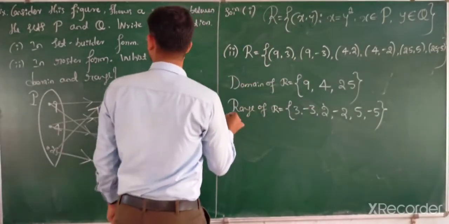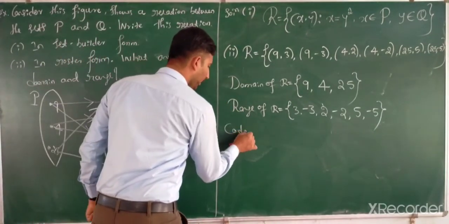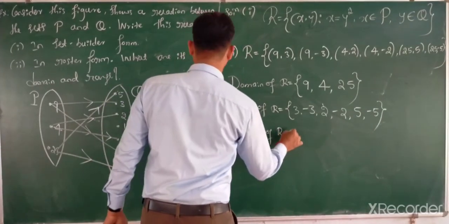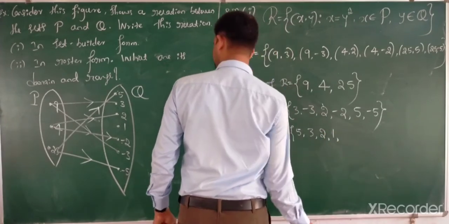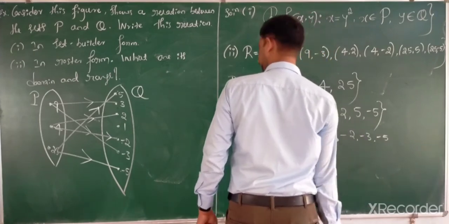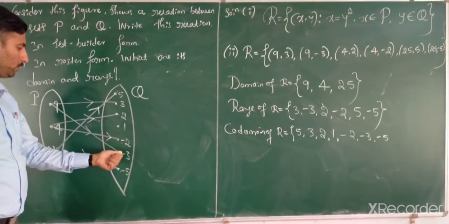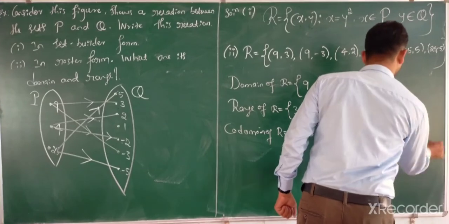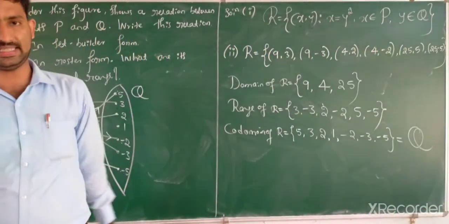If you wish, you can write codomain. They are not asking, but you can write the codomain of capital R, which is 5, 3, 2, 1, minus 2, minus 3, minus 5, which is nothing but the set Q. Always, the codomain set is one of the biggest sets.